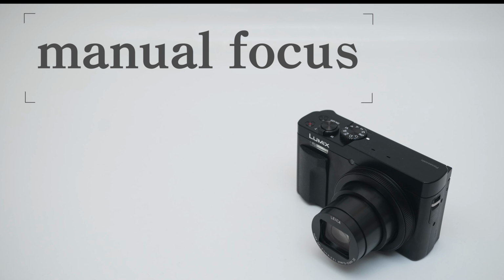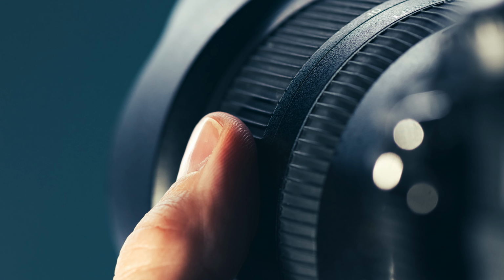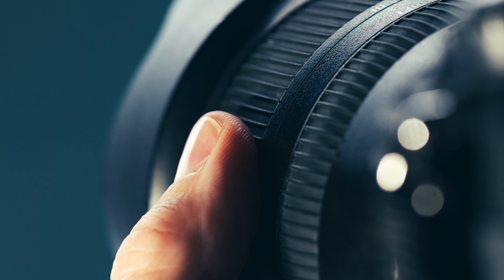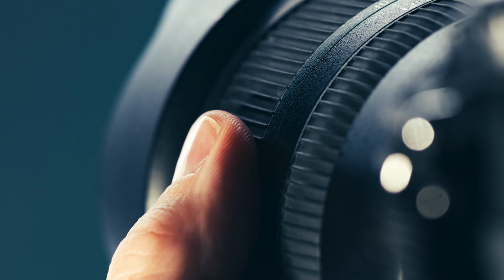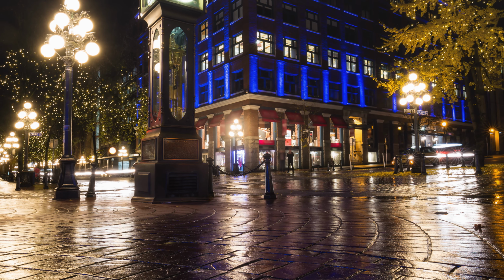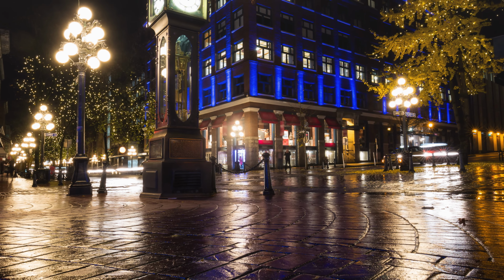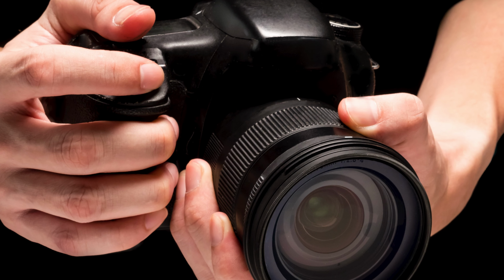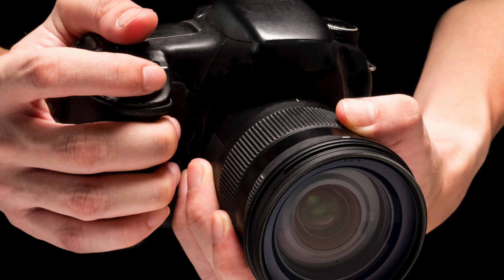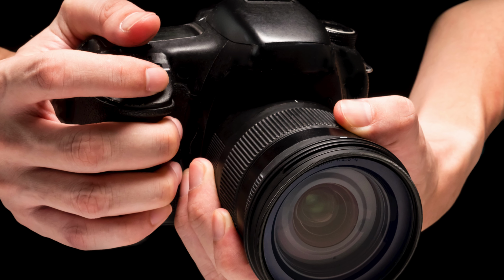Next is manual focus. Manual focus means you can adjust the focus manually. Autofocus is a powerful and convenient feature, but it doesn't always get it right, especially in low light or when it focuses on the wrong area.